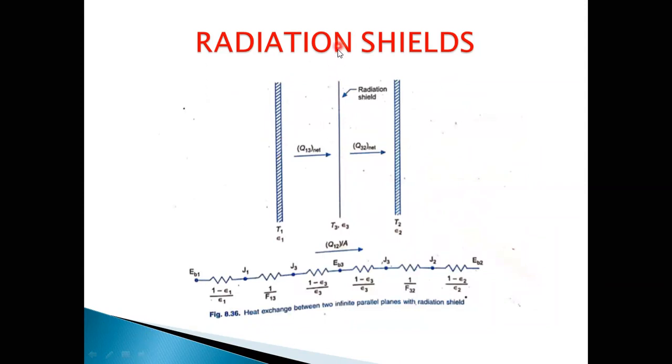Whenever I want to reduce the radiation heat transfer between the two plates, 1 and 2, I add a thin sheet, a highly reflective material made of lead or aluminum or some other reflective material, where the radiation heat transfer from 1 to 3 will happen, then 3 to 2 will happen. In the process, the radiation heat transfer is reduced compared to 1 to 2, because you have added an extra resistance, which is called a radiation shield.